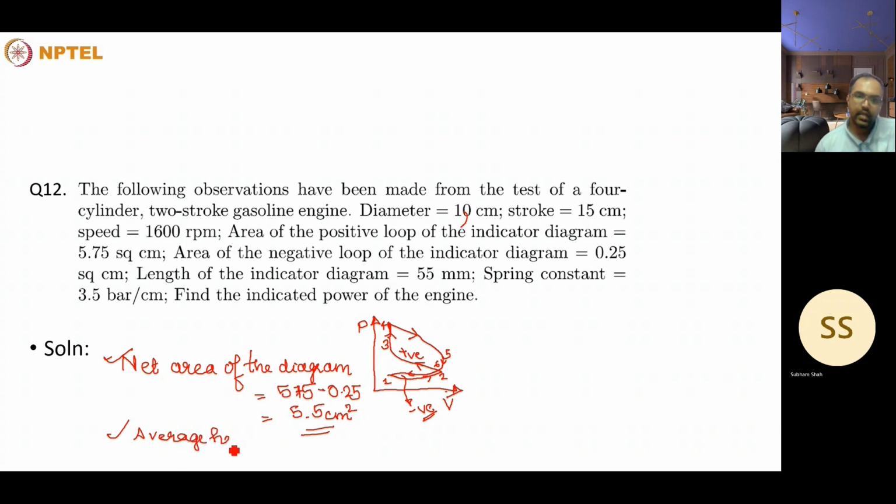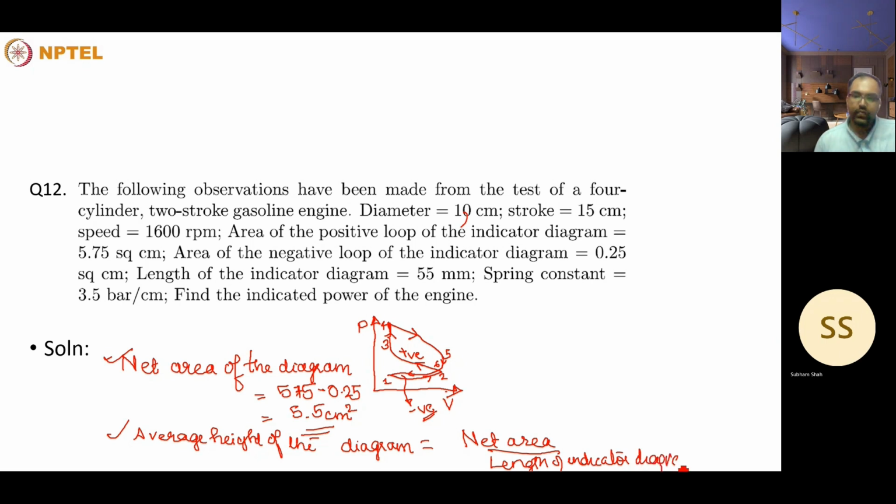Average height of the diagram is given by the net area of the diagram divided by the length of the indicated diagram.